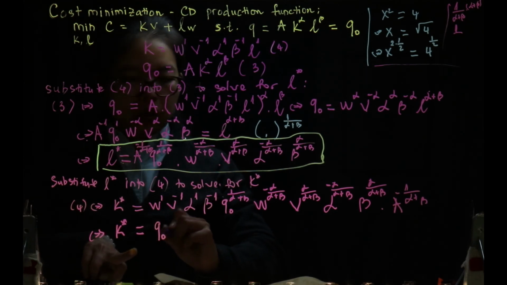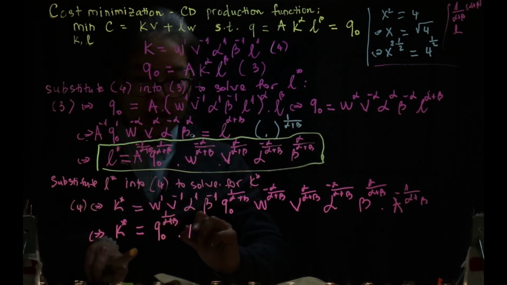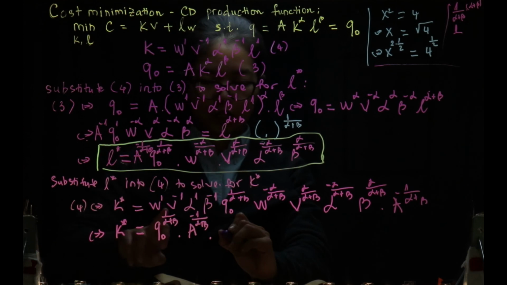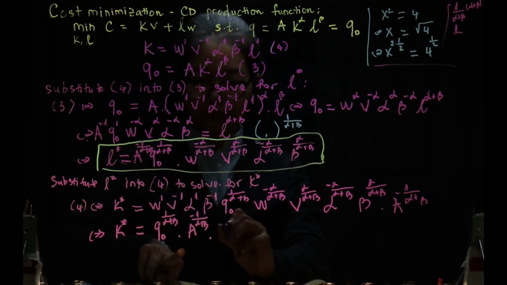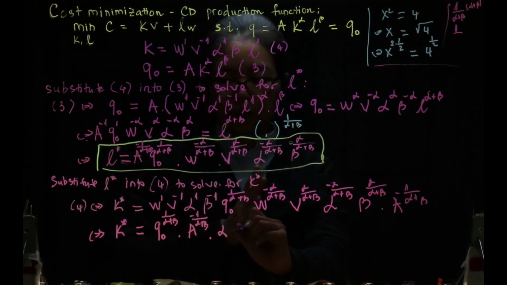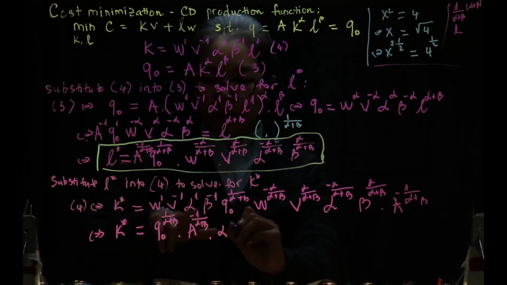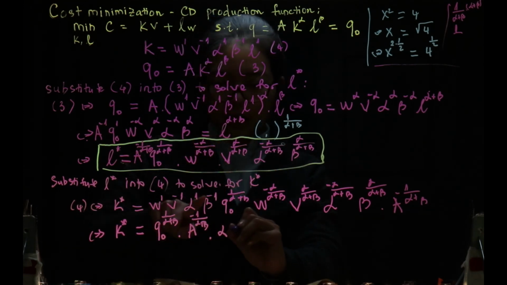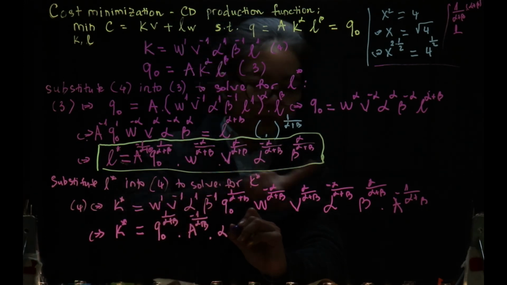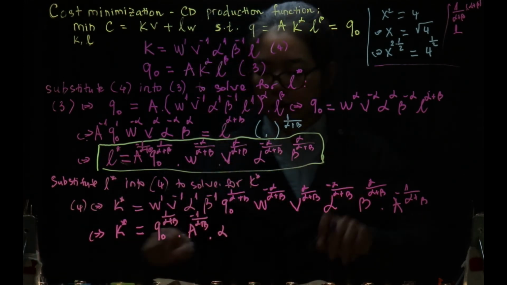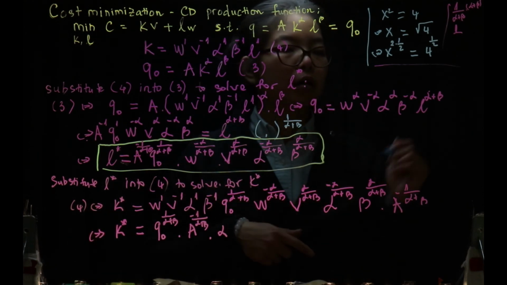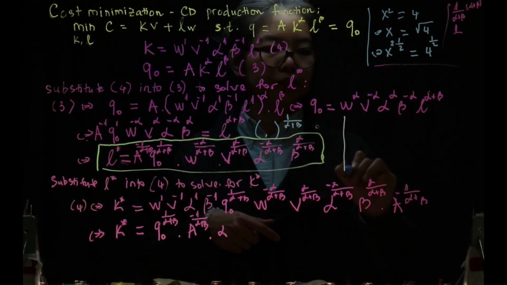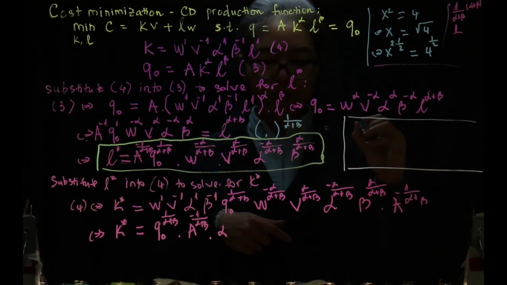So Q0 to the 1 over alpha plus beta times A, before I forget it again, to the minus 1 over alpha plus beta, times, now it comes alpha, let's put all the constant parameters before. So alpha here is power 1, here is power minus alpha over alpha plus beta, another power.